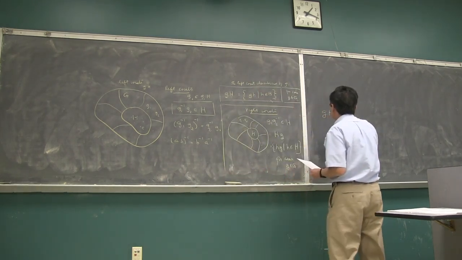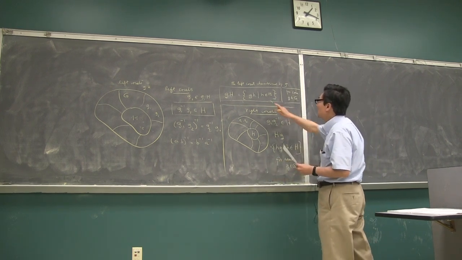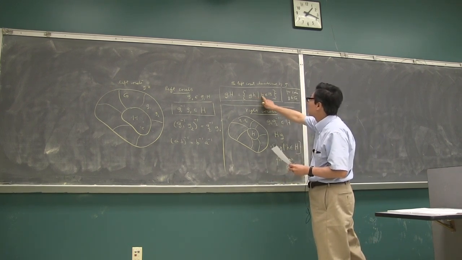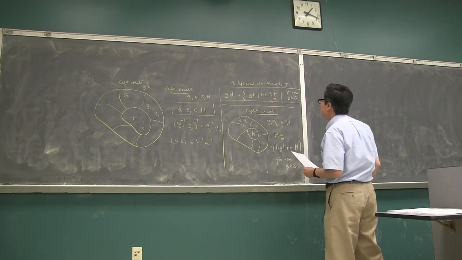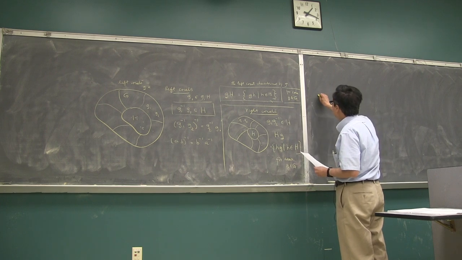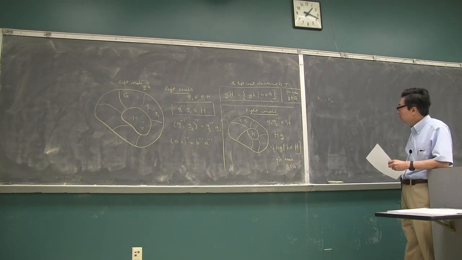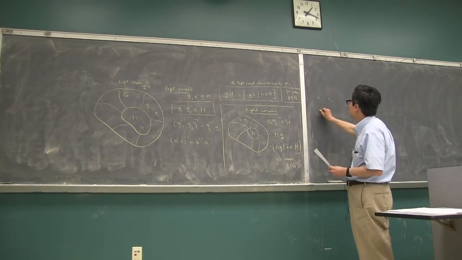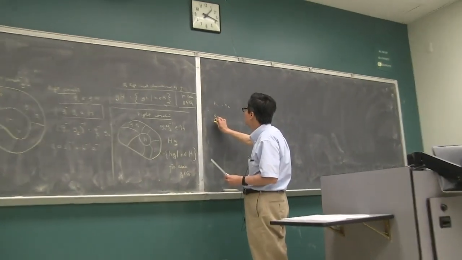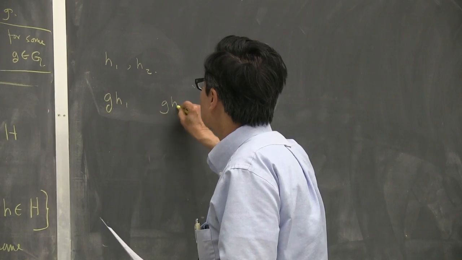So, as I said, the left coset consists of all elements of this form, where little h is any element in the subgroup big H. So let's just pick two elements in the subgroup big H, and let's write, for one and the same g, these two elements, gh1 and gh2.